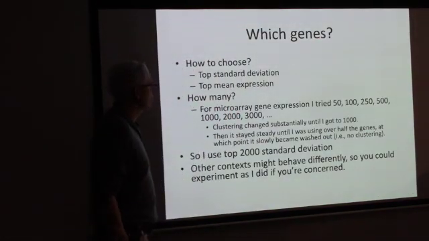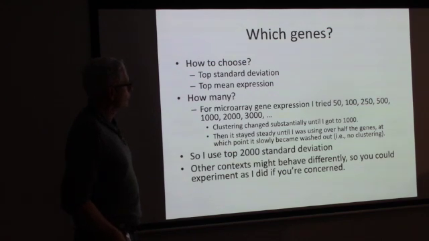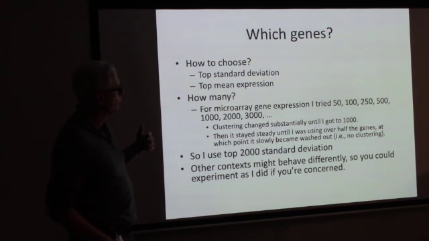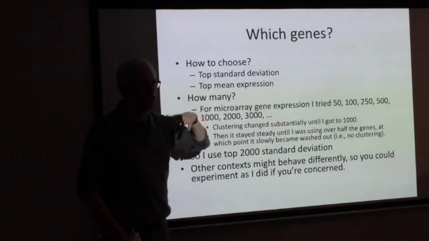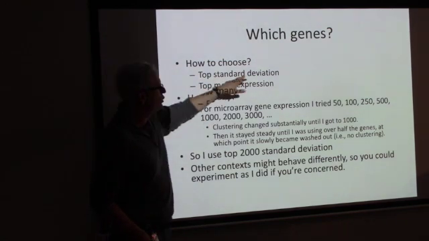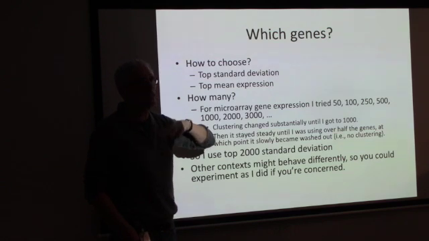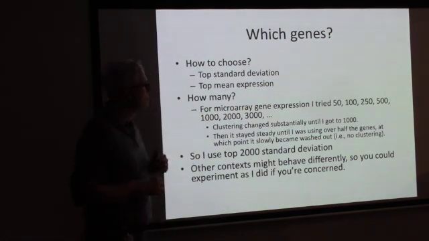So which genes? There are actually many ways to choose genes, but two popular ones might be to pick the genes that have the highest mean expression, or the genes that have, let's say, the top 2,000 highest standard deviation.